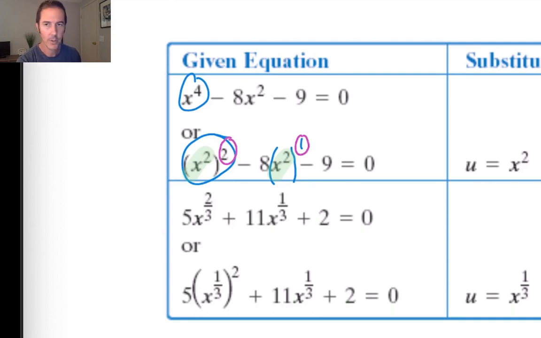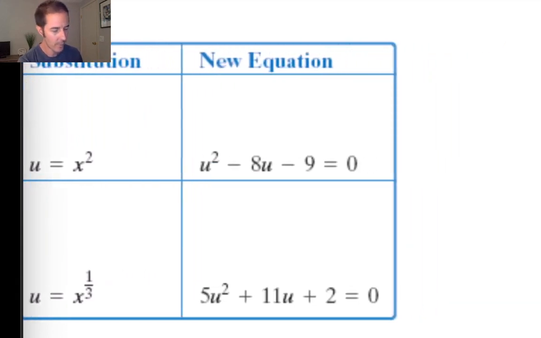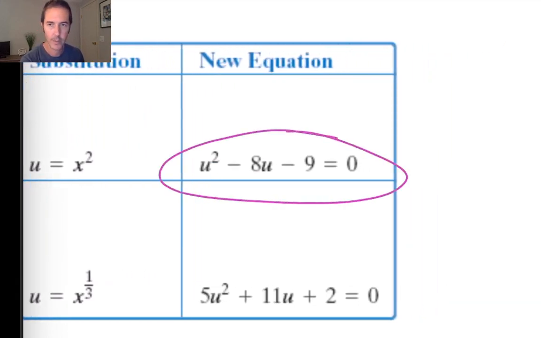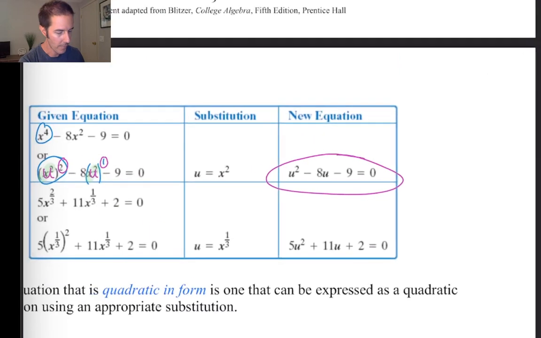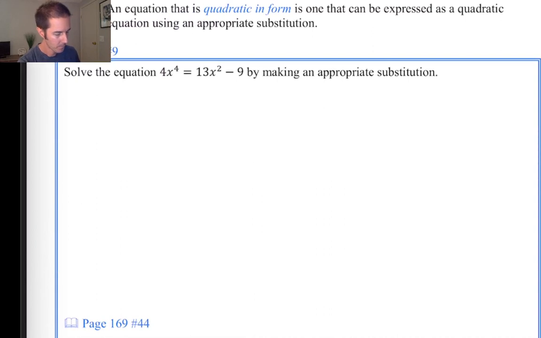The recommendation is to use substitution and just write this as a u. Now you've got u squared minus 8u minus 9, and this looks a lot more like a quadratic equation that we're familiar with. And if we slide over, that's exactly what they've written here, and they recommend that we solve this and then go from there. I will show you what go from there looks like.